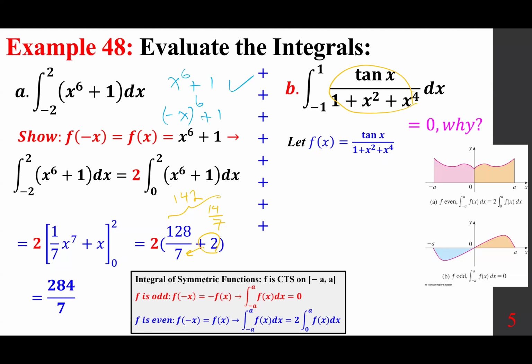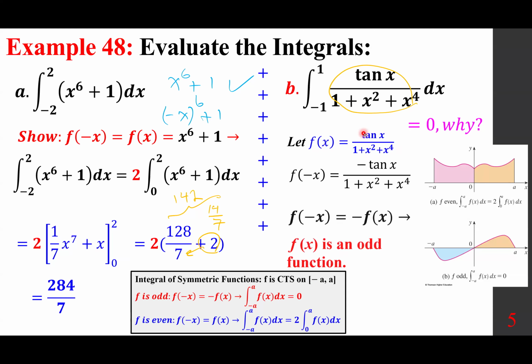So if I want to evaluate f of minus x, what happens? F of minus x becomes tan of minus x over 1 plus minus x quantity squared plus minus x quantity to the power of 4. The bottom doesn't change. The top becomes tan of minus x, which is minus tan of x. And believe it or not, we just proved that f of minus x equals minus f of x. F of x is an odd function. Therefore, this must be 0.